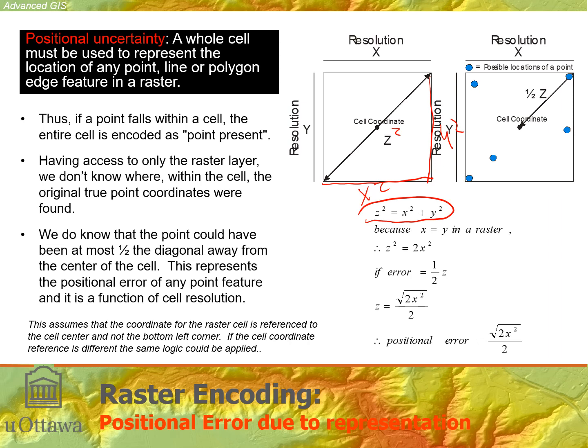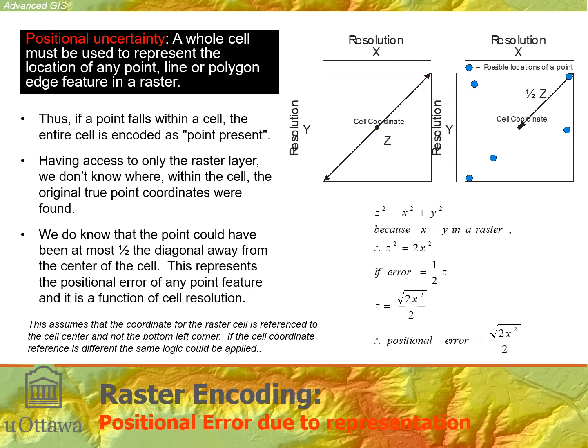That gives z squared, which is the hypotenuse squared. So to get rid of that squared, we simply take the square root of x squared plus y squared. And once we divide that by 2, we then have the location uncertainty due to raster, because that gives us half the hypotenuse. And that's fairly straightforward for any given cell.